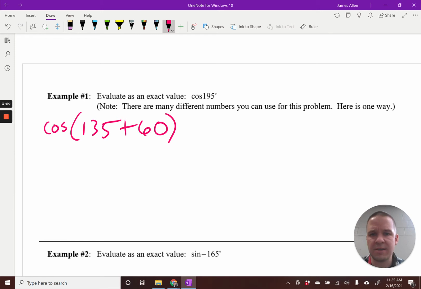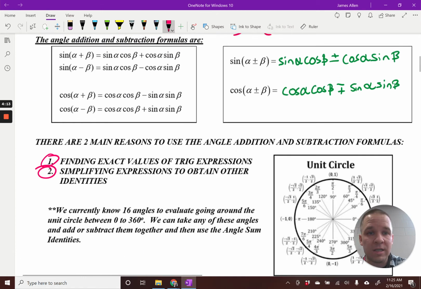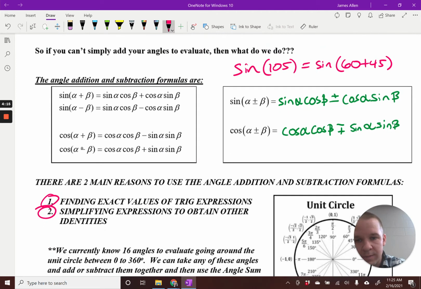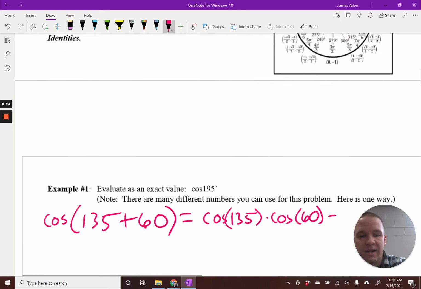Awesome. Fantastic. Now with my cosine sum formula, I'd have the cosine of the first angle, 135, times the cosine of the second angle, and then it's minus, remember from the formula, right? We're using this one right here. So my alpha, my beta, and then minus, we have sine of alpha and sine of beta.